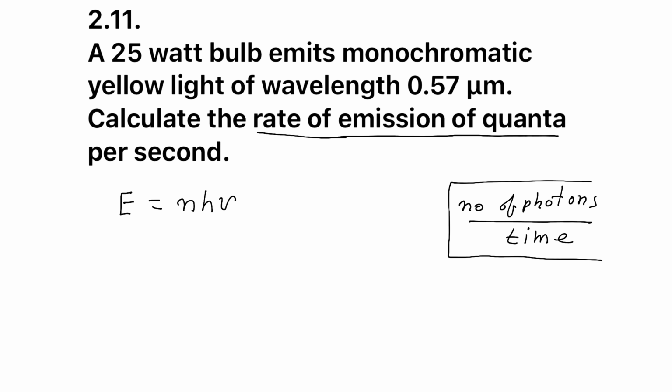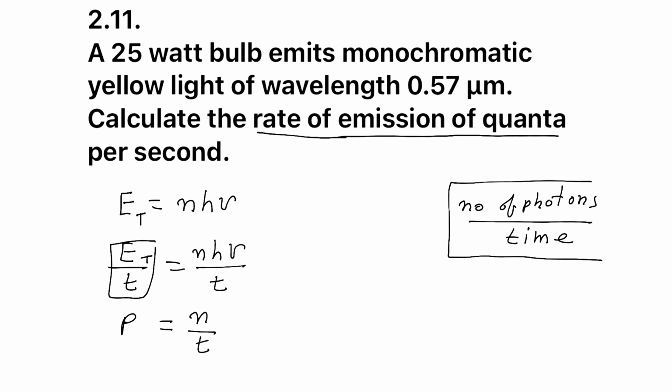If more than one photon is there, we use E is equal to N h nu. If I divide by the time on both sides, you will get E by t equals N by t into h nu. Now, energy by time is power.